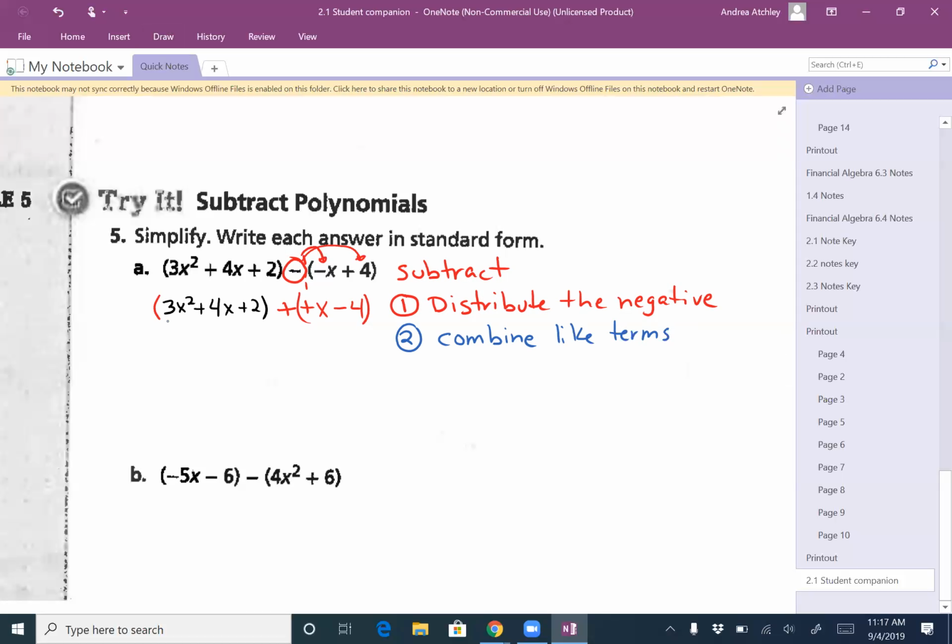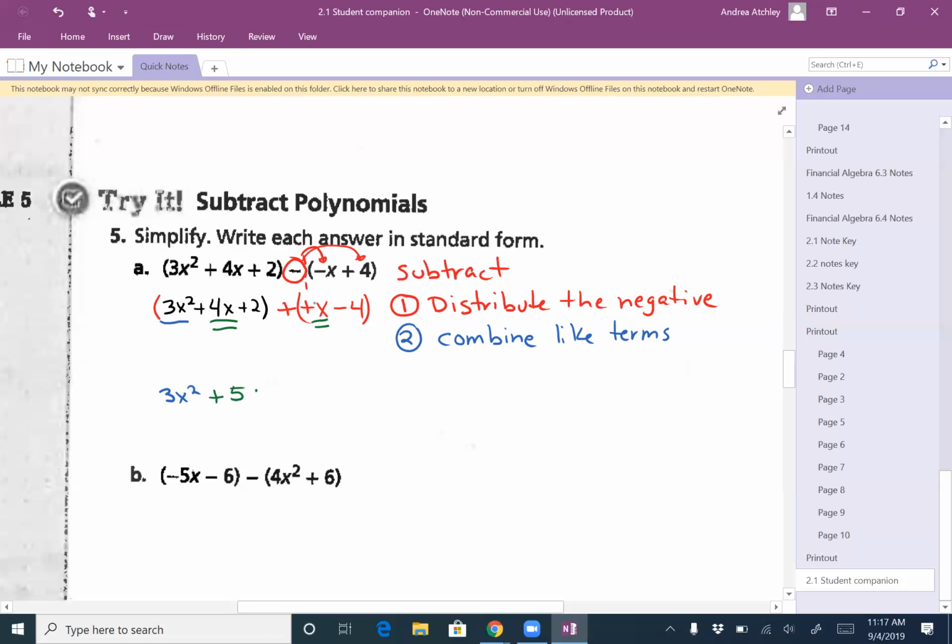So 3x squared is my leading term because it has the highest degree. There's no other x squareds, so you just write it, 3x squared. The next highest degree is 4x. There's another x over here. So 4 and 1, they're both positive, so I add them and get 5x.